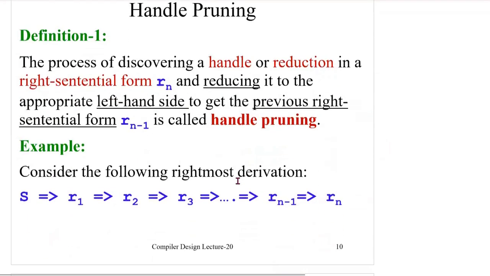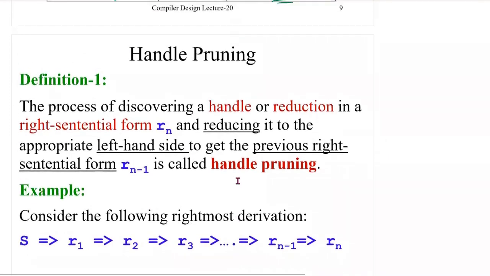Now with this, another concept is called handle pruning. Handle pruning: the process of discovering a handle or reduction in a right sentential form, let us say R suffix n, and reducing it to the appropriate left-hand side header to get the previous right sentential form, let us say R suffix n minus 1, is called handle pruning.